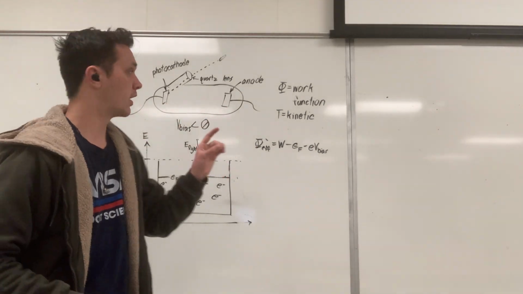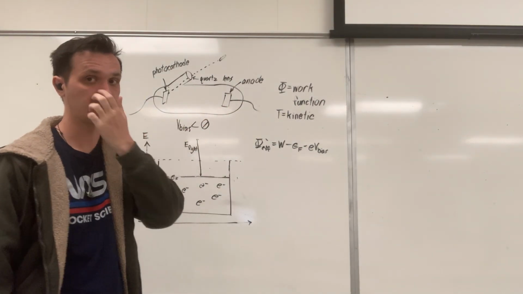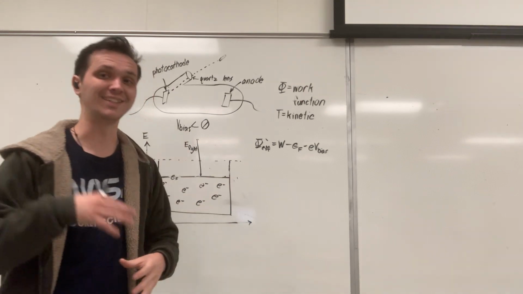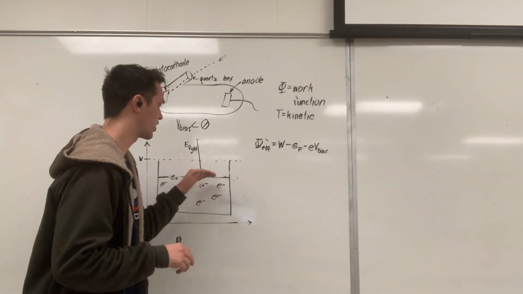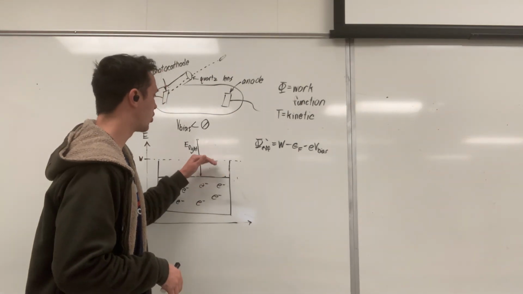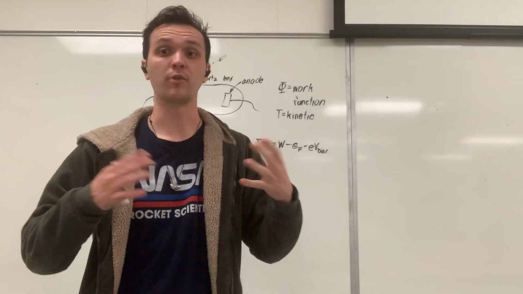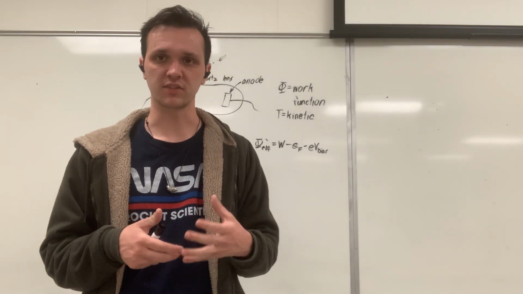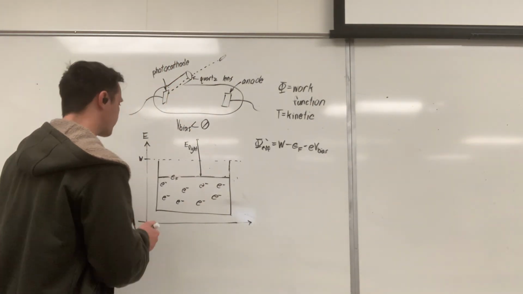Electrons are going to be slightly repelled by the anode, and so you're going to have to give the electron additional energy. You have to give it energy to not only overcome the binding energy of the lattice, the plate, but also to overcome the energy of the battery. It's got to overcome this charge that you've put on the anode.